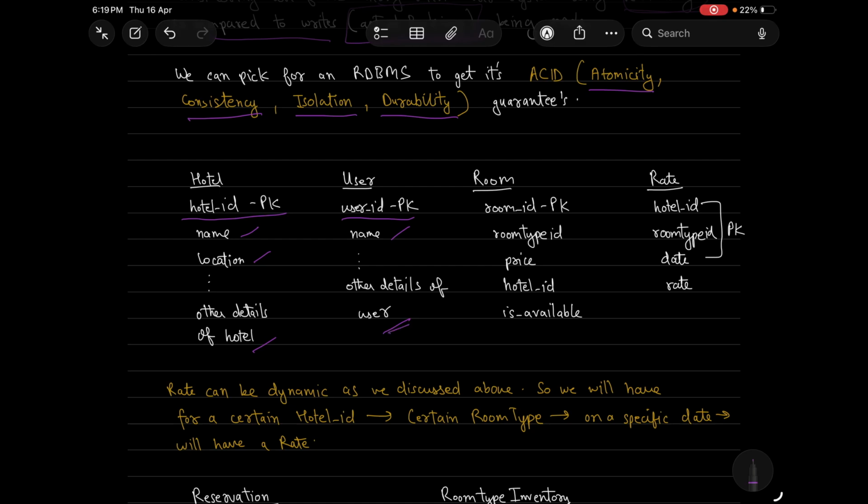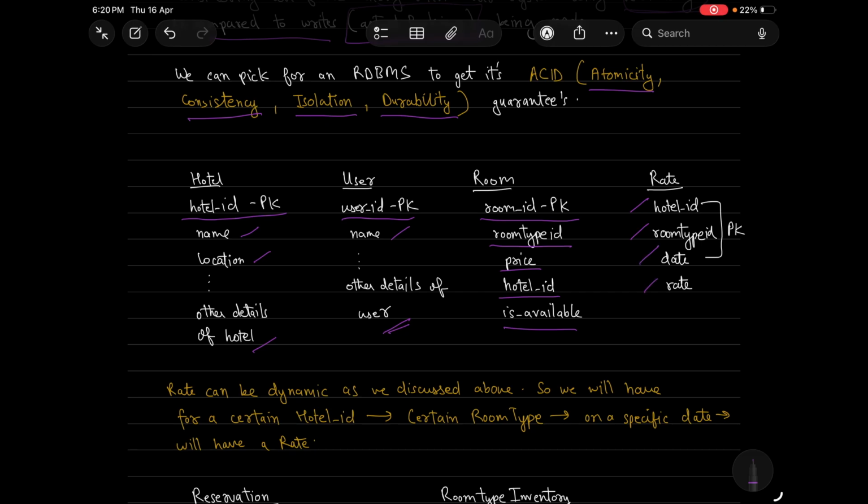Then for room, we would need room ID as the primary key. We would need the room type ID. We would need price for that room, hotel ID, basically which hotel this room belongs to, and if it is available or not. And then we have rate. We will have hotel ID, room type ID, date, and rate.